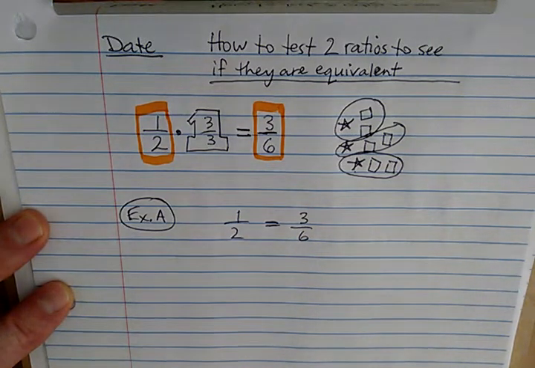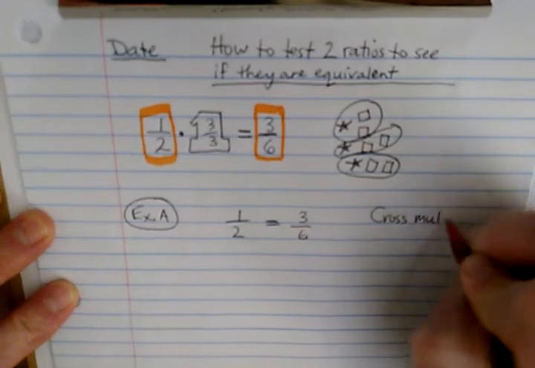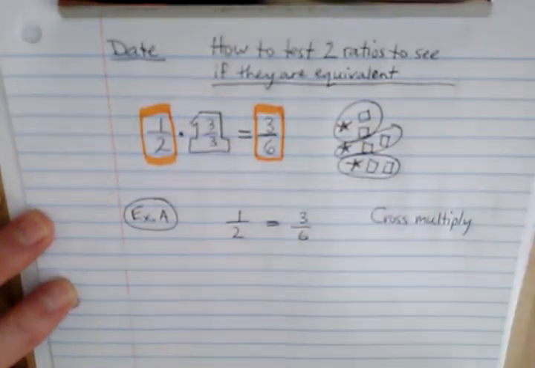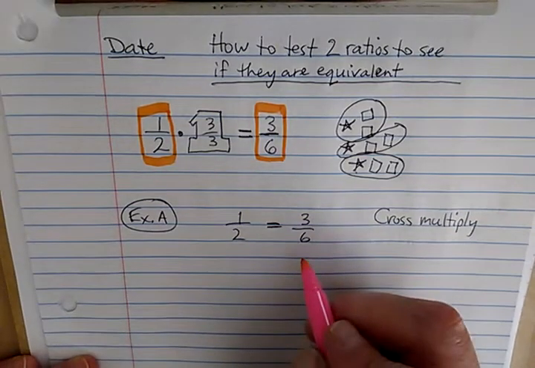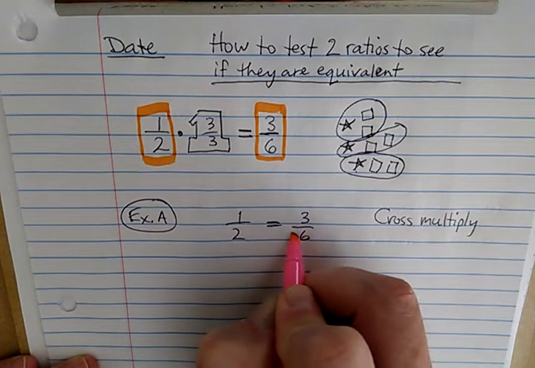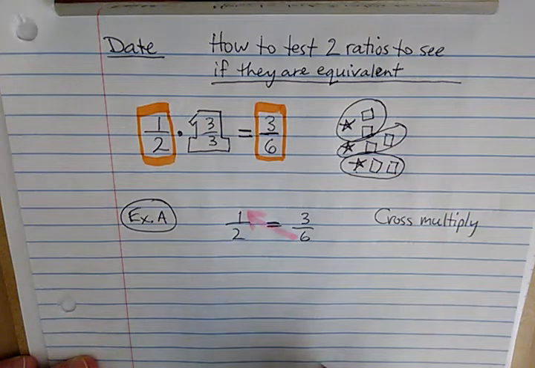What we do is we do something called cross multiply. Okay? So with cross multiply, I learned it this way. I like to go up from the bottom. So I multiply across, kind of in a diagonal, going up that way.